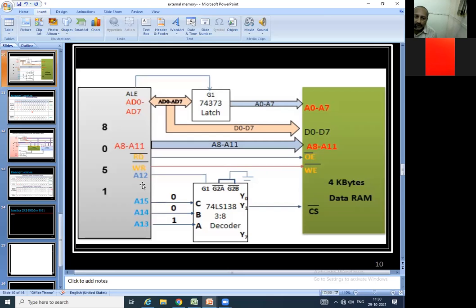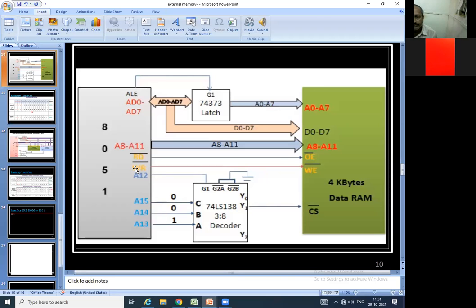These are the fixed connections for the 3 to 8 decoder: 13, 14, 15 we have used. A12 has been used. So remaining is A11. It depends on you, the user, whether to give 0 or 1. It totally depends on you only.